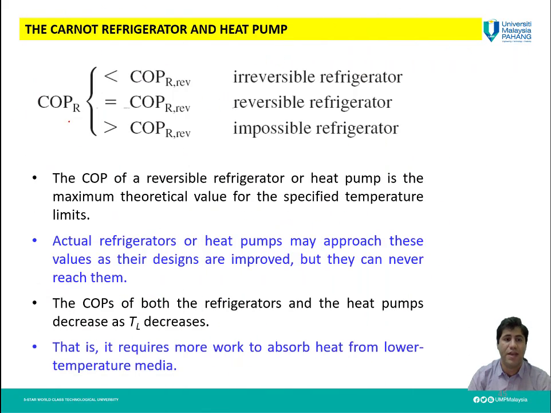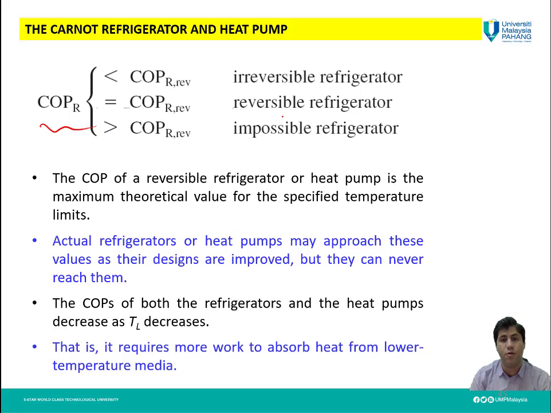Then, as I said, we can have these equalities for the COP of a refrigerator, for example. For an irreversible refrigerator, the COP is lower than the COP of a reversible refrigerator or a Carnot refrigerator.